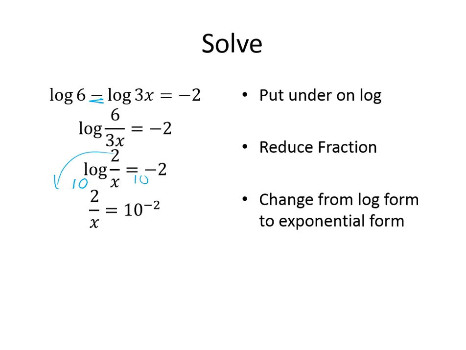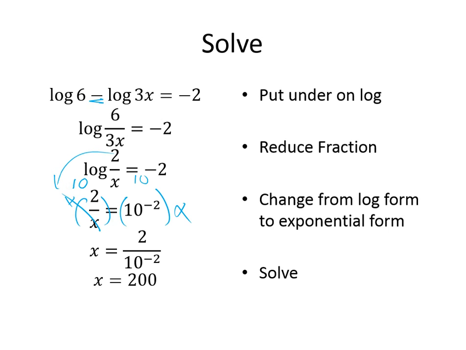So we have 2 over x is equal to 10 to the -2, and then from here you just multiply both sides by x and divide by 10 to the -2, solving through algebraically, and you'll get your answer as 200. So log 6 minus log 3x is equal to -2 when x is 200.